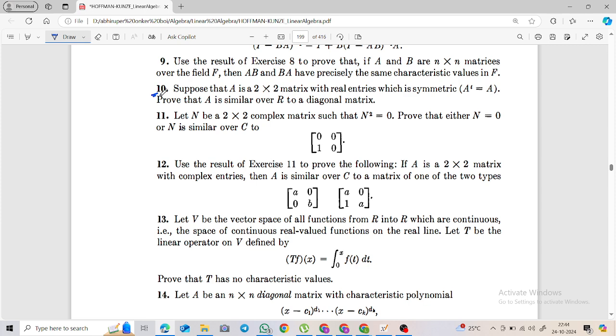What about this? Suppose A is a 2 cross 2 matrix with real entries which is symmetric, prove that A is similar over R to a diagonal matrix. See, this is nothing. Write this A, B, C, C. Find out the characteristic polynomial and you will see the characteristic polynomial has two distinct roots.